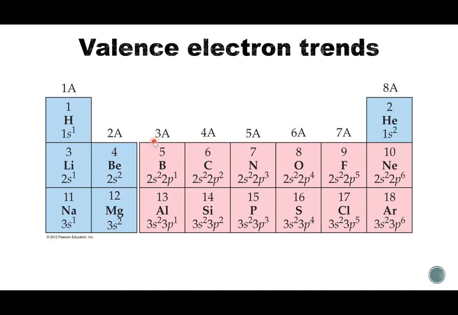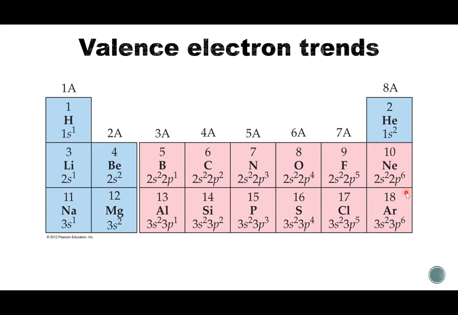So boron is in 13 if you just traditionally number it left to right, or 3A is kind of a different way to number it. That 13 or 3A tells me that there's 3 valence, and 4 and 5 and 6 and 7 and 8 when we get all the way to the noble gases. So those numbers on top essentially tell us how many valence electrons there are.